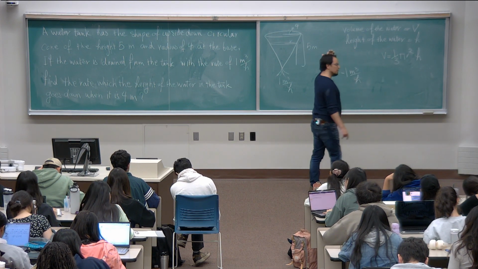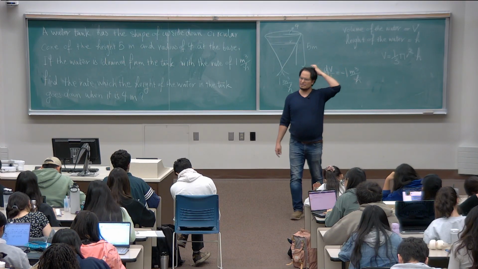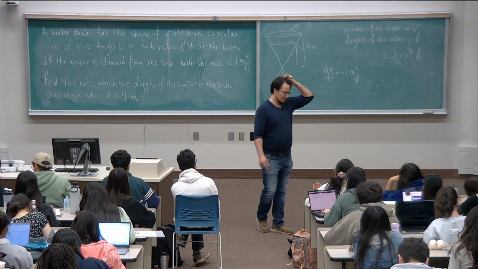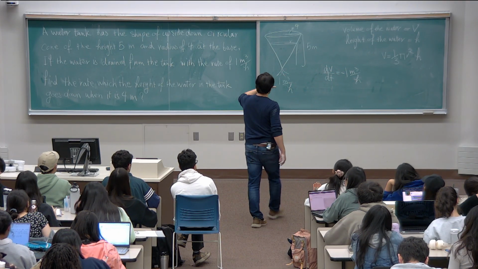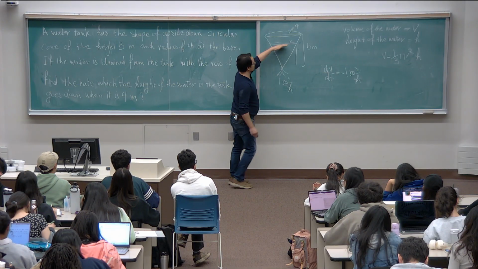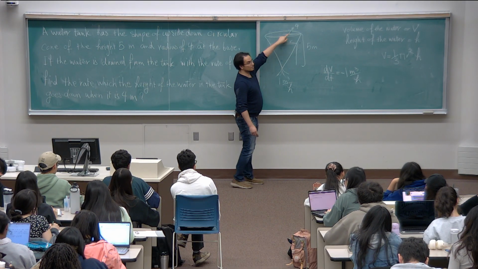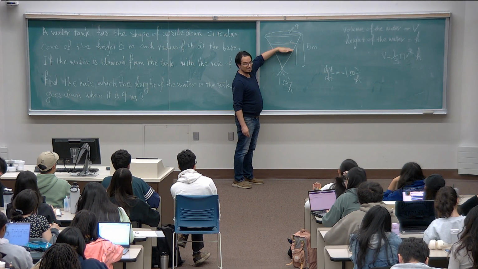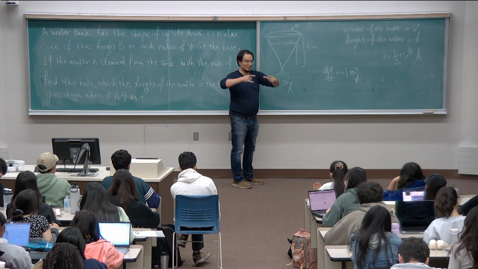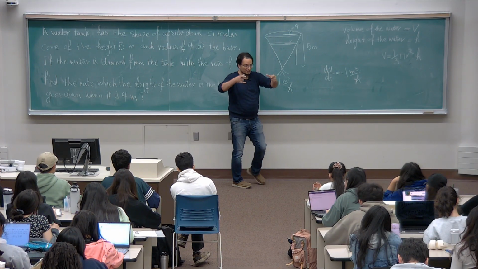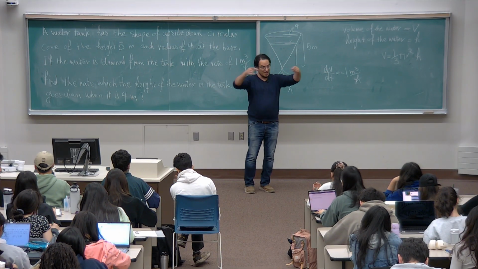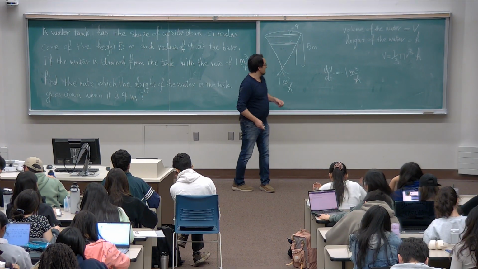But what would be the rate of change of R in that case? Zero? Wait, as the R goes down, this is not this radius. This is the radius of the base of the water, because water will also be of the shape cone. This will change.